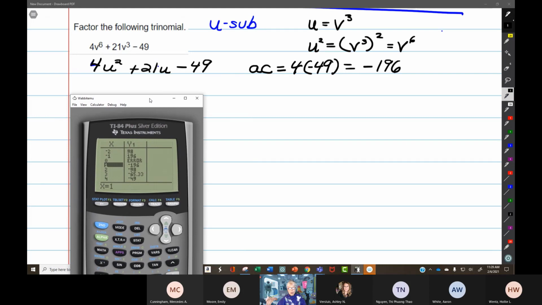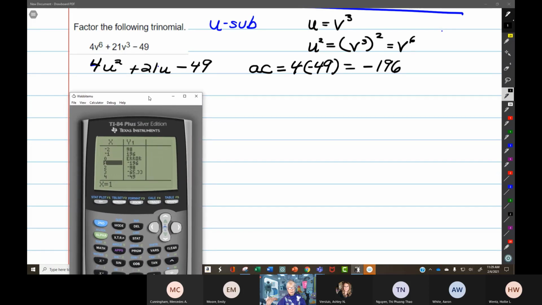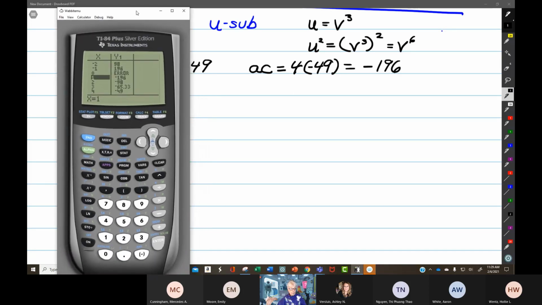I want two numbers that will add up to 21. That's a negative and a positive, adding up to 21. Now, whenever you see decimals, you don't even pay attention.